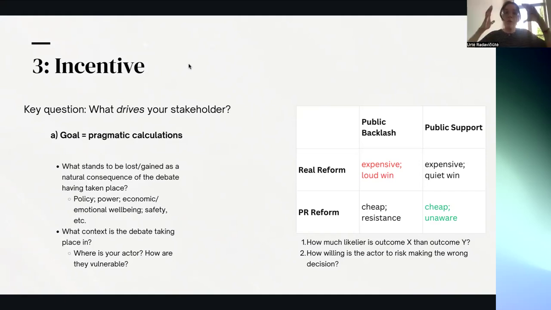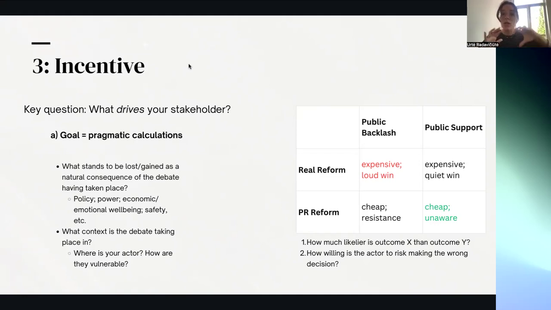So from the point of view of the company, if we're talking about what the company is more likely to do, we have to answer two main questions. The first is how much likelier is outcome X as opposed to outcome Y? In this scenario, how much more likely is it that the public catches on to PR reform as opposed to that they don't?